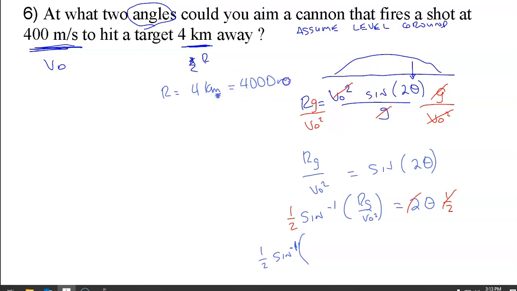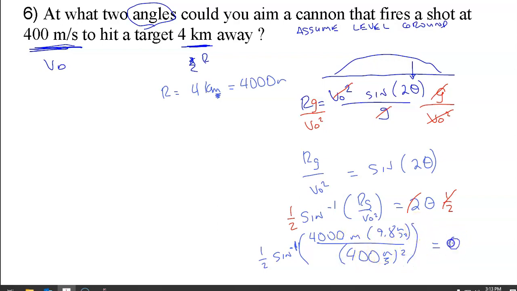And that would be 4,000 meters. So I'm going to use that number, times 9.8 meters per second squared. And I'm dividing that by the initial velocity. Don't forget to square it. Initial velocity was 400 meters per second, and there's the squared on it.